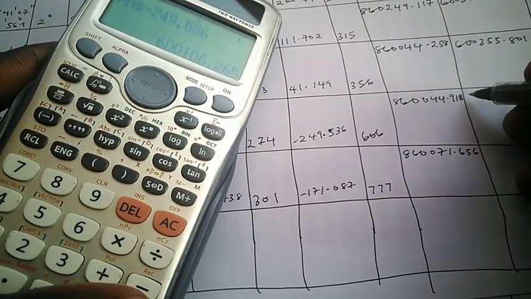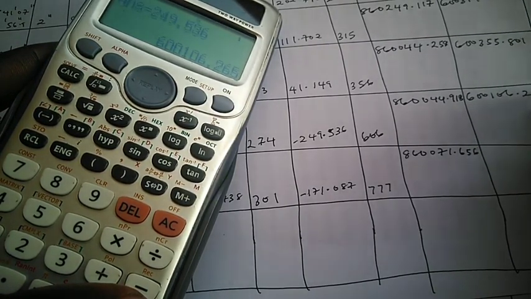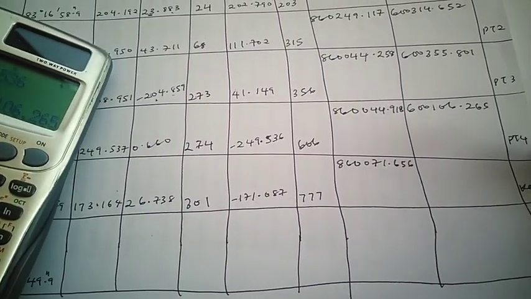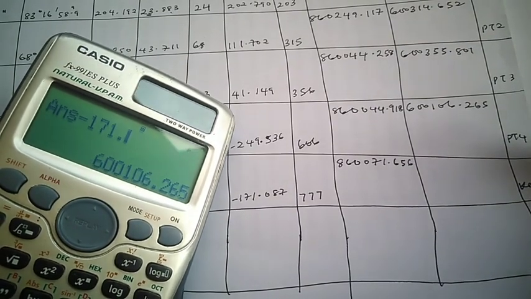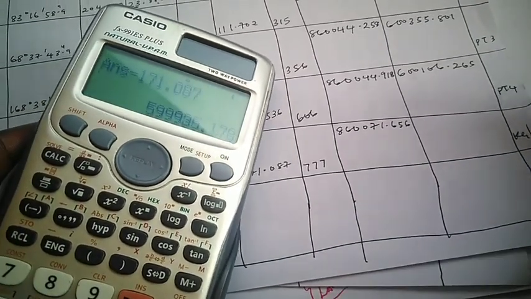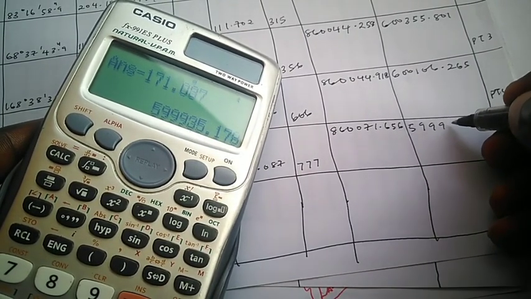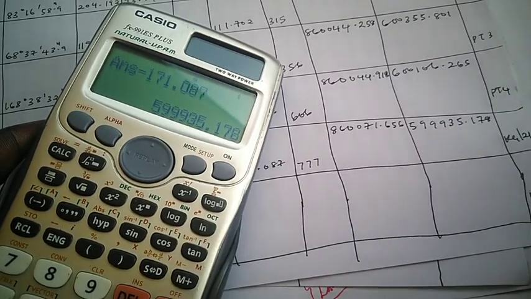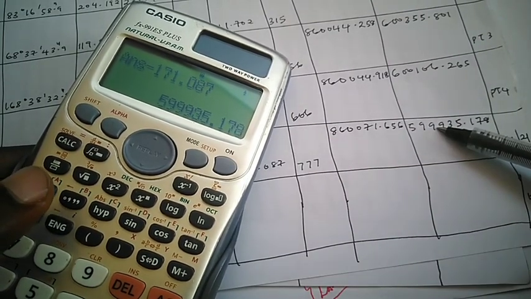We have 600,106.265. And then finally we have minus 171.087, and then we have 599,935.178. So these are the northing and the easting values of the coordinate of KG21 we got from our traversing.